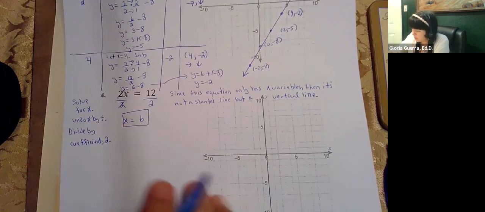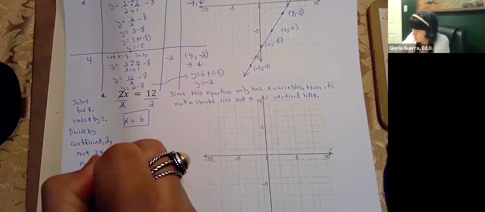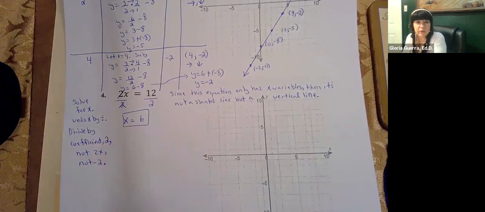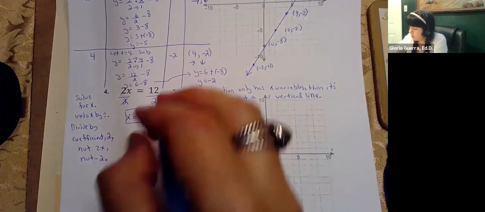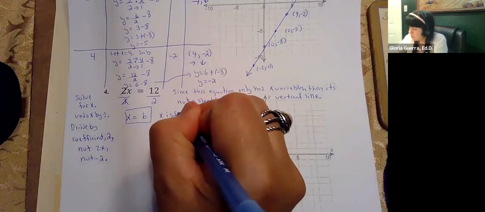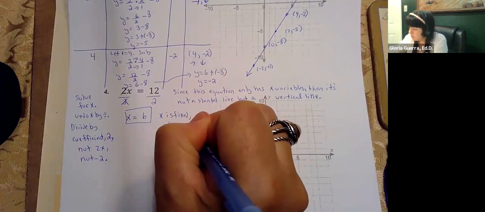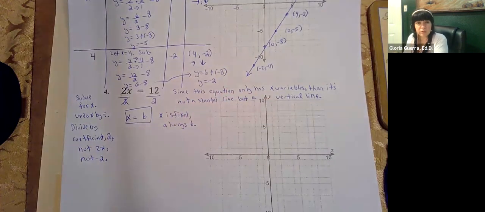Not 2x, not -2. Okay, you just divide by 2 itself. And this is saying that x is fixed, always a 6. You can't change that.